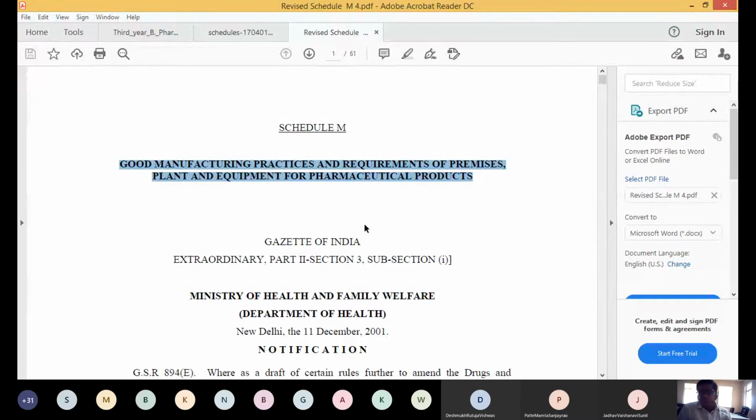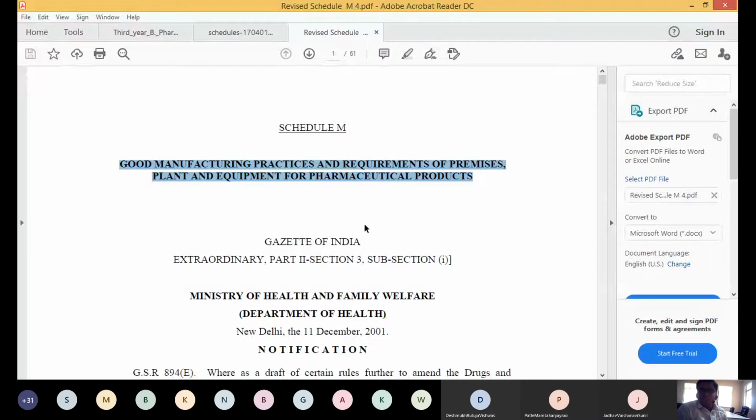Regulatory bodies are the bodies which give permissions for a particular type of task. For example, for manufacturing, the Food and Drug Administration, state government, or central government are all regulatory bodies related to manufacturing. So we have to follow the good manufacturing practices, and the same practices are accepted and included in the Drugs and Cosmetics Act, Schedule M.